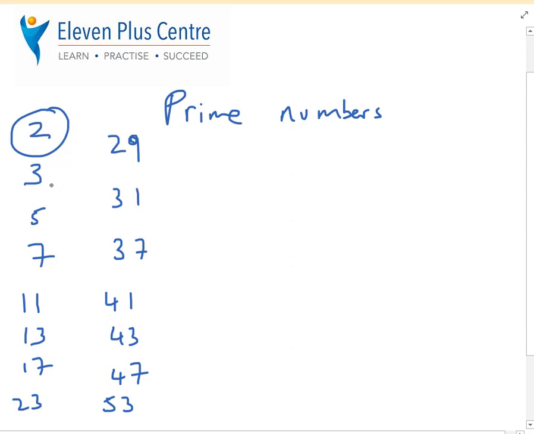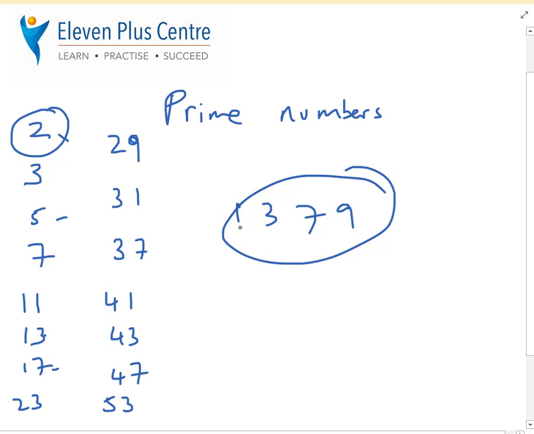The other thing that you need to know is that, apart from 2 and 5, if you look closely, all these numbers end in 1, 3, 7, or 9.